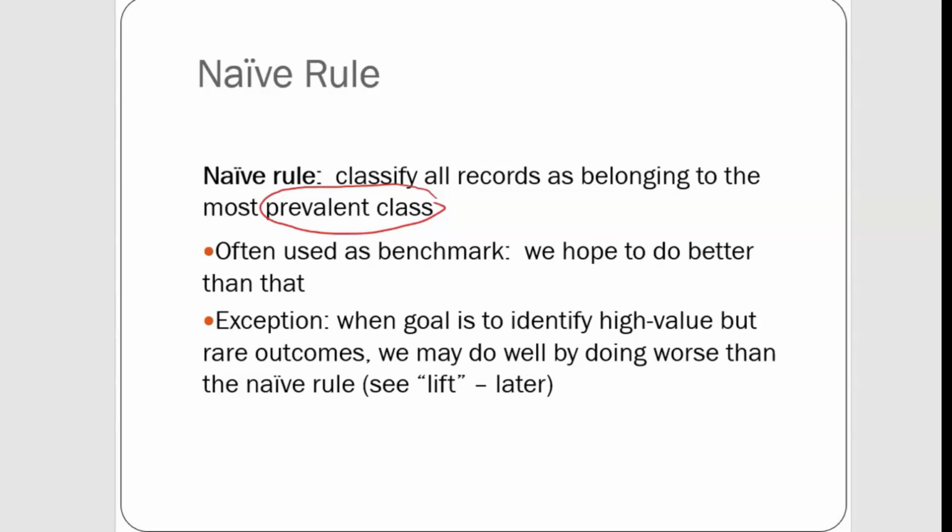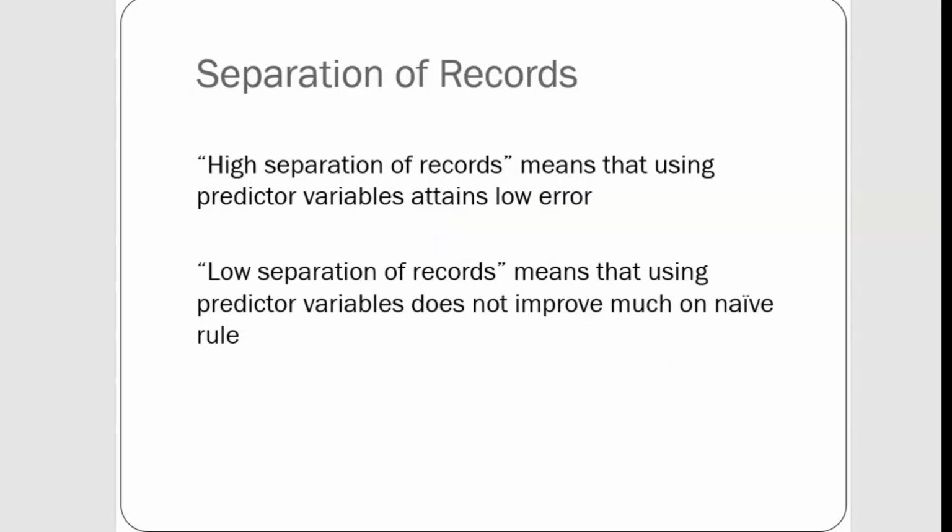For a model to work, there's a concept of separation of records. A high separation of records means that the predictor we use is able to correctly identify the high-value classes, so that we have a fairly low error rate in those. Low separation, on the other hand, means that the model doesn't do any better than what chance would say.